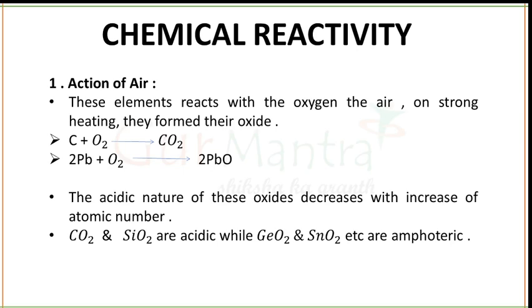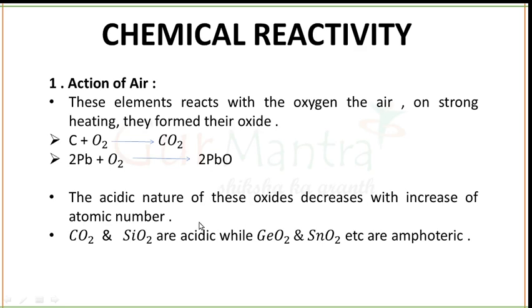C plus O2 gives CO2 on heating, and 2Pb plus O2 gives 2PbO, lead oxide. The acidic nature of these oxides decreases with the increase of atomic number.